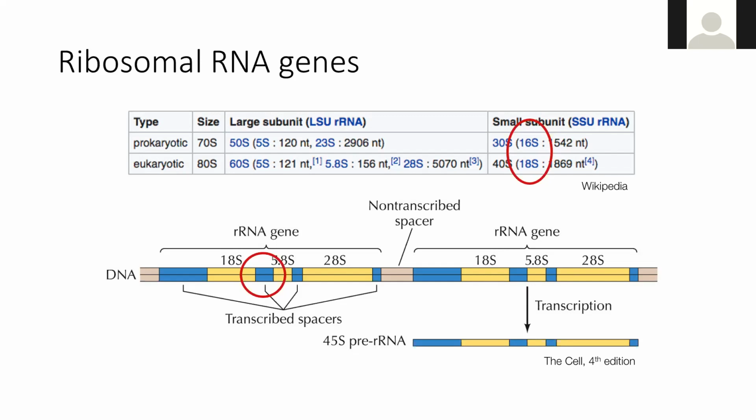And you can see that prokaryotes, like the bacteria we're interested in the microbiomes of, have a small subunit RNA called 16S, but eukaryotes have 18S. So if we use 16S as a marker gene, we will be able to understand what is happening specifically with the prokaryotes. And we won't have the noise of the eukaryotic information coming in. So 16S ribosomal RNAs tend to be used as marker genes when we do microbiome analyses.